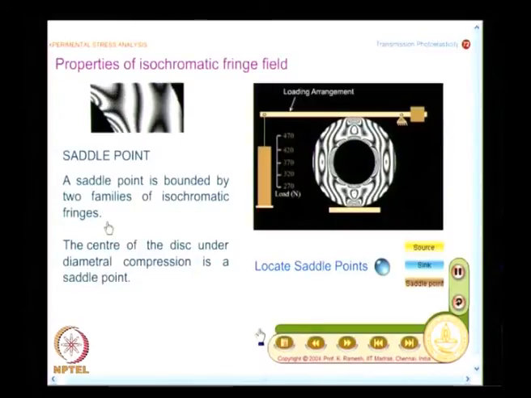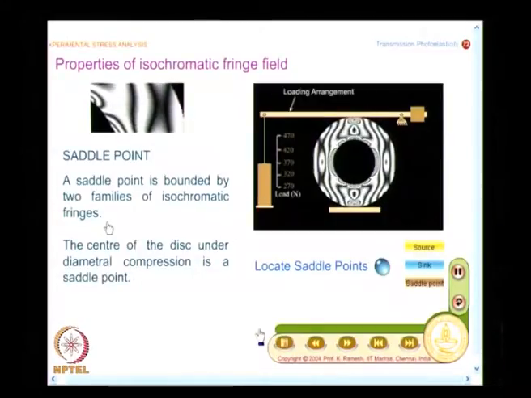So, in one direction you will have fringes increasing, in another direction fringes will be decreasing. So, it essentially gives you the gradient information. So, I should identify saddle points in the field, and this is more to check. Suppose I have ordered the 0th fringe order, and then I am moving from the 0th fringe order and I label it.